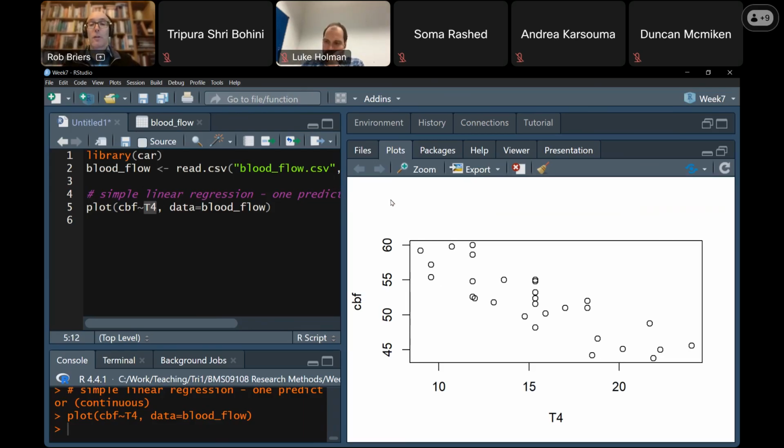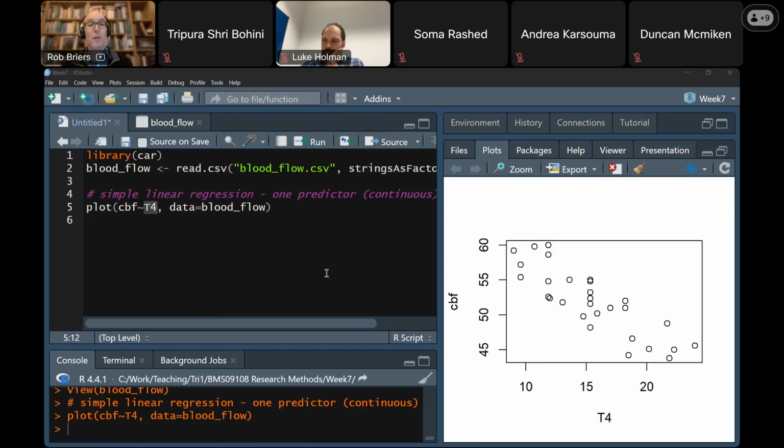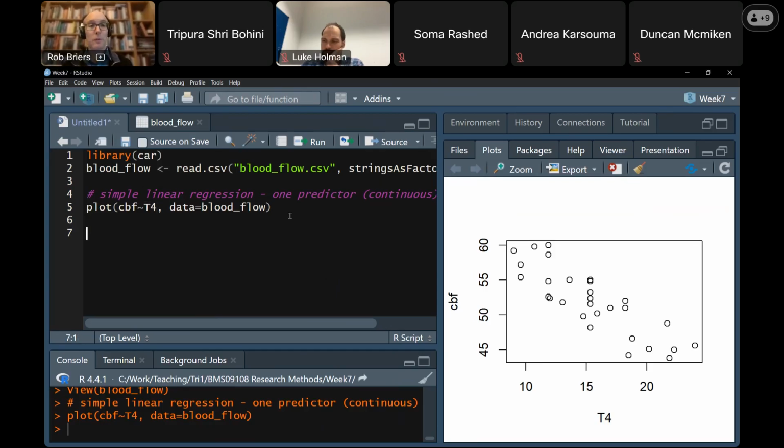So that looks reasonable. That's a straight line, or as close as we're going to get. So it looks linear, and we'll continue.